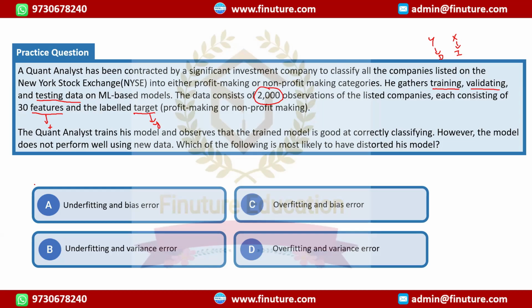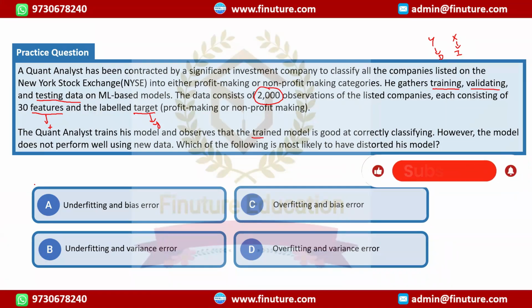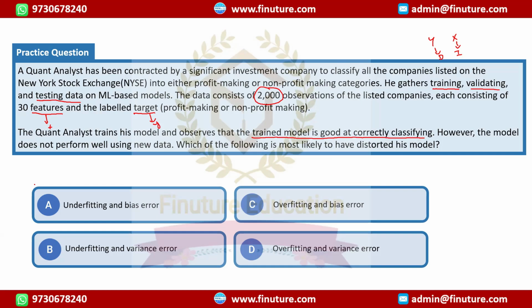The quant analyst trains his model using this data. On the trained data, he noticed that the model is correctly classifying profit making or non-profit making companies. However, the model does not perform well using new data. So when you test on the new data, it doesn't work well.